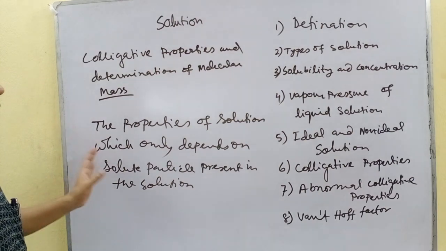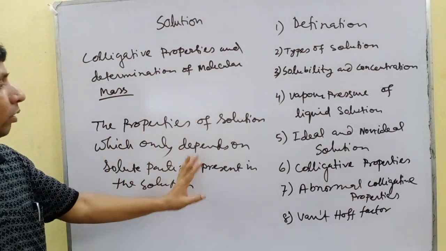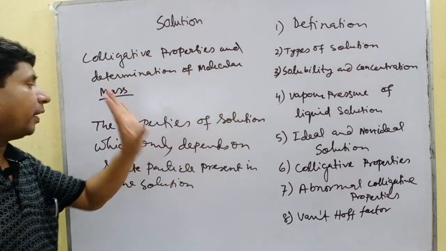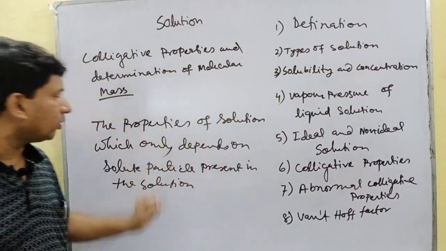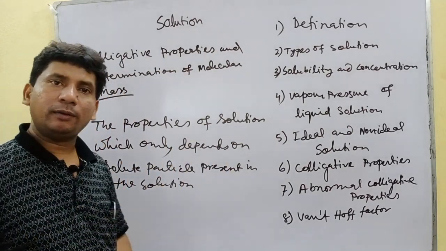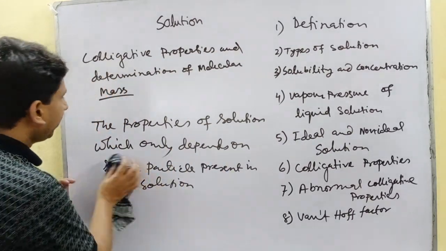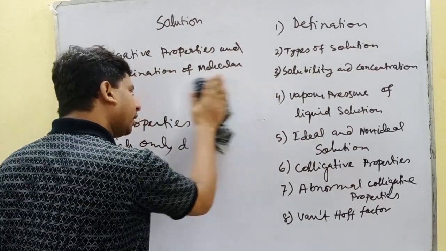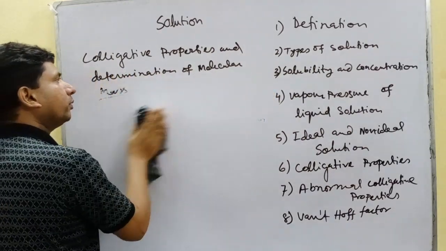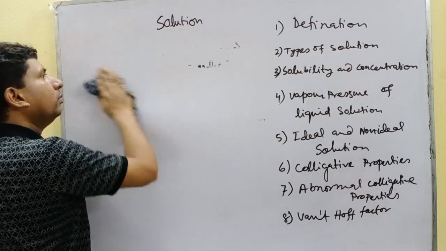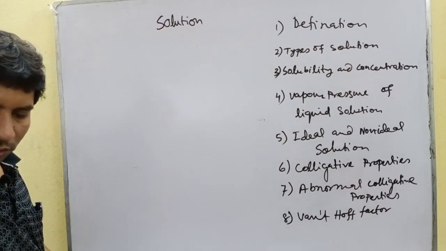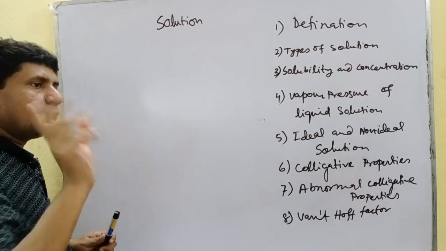So the properties of solution which only depend on the solute particles present in the solution are known as colligative properties. How many colligative properties are there in solution? The number of colligative properties in solution is 4.